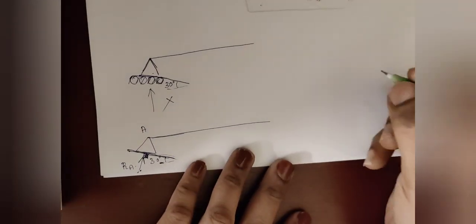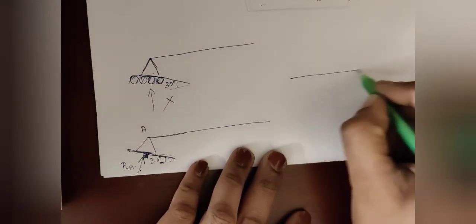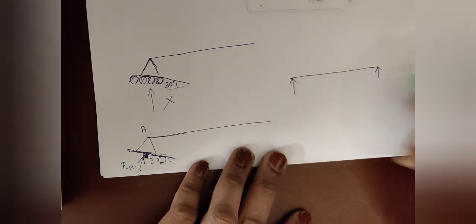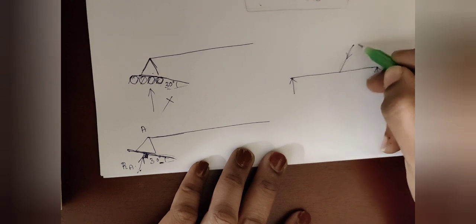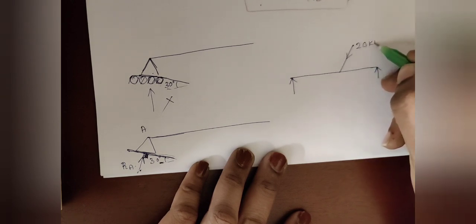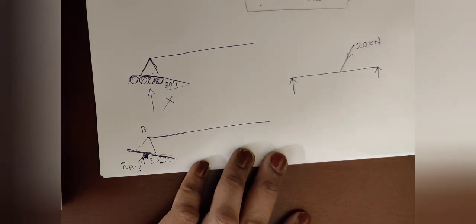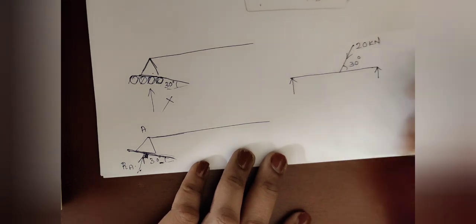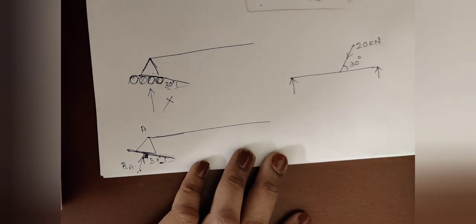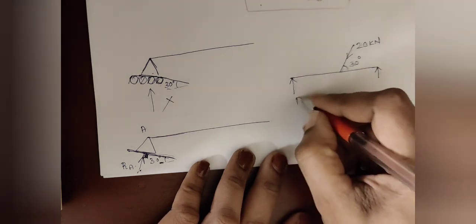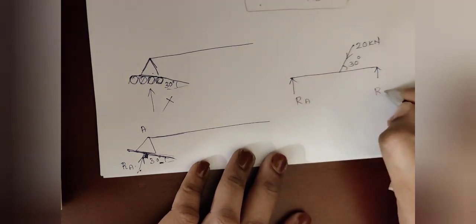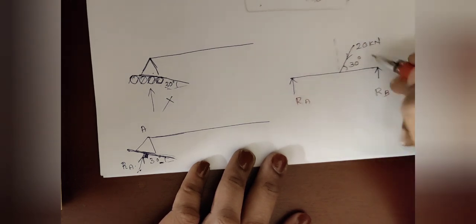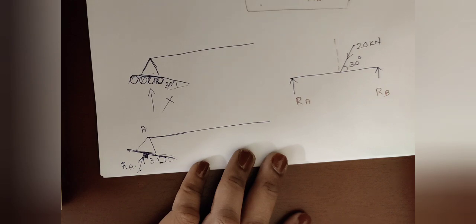So now the next point is, suppose you are having an inclined load whose inclination is given as 30 degree. So before analyzing the support reactions RA and RB, you have to consider the components of this 20 kilonewton.